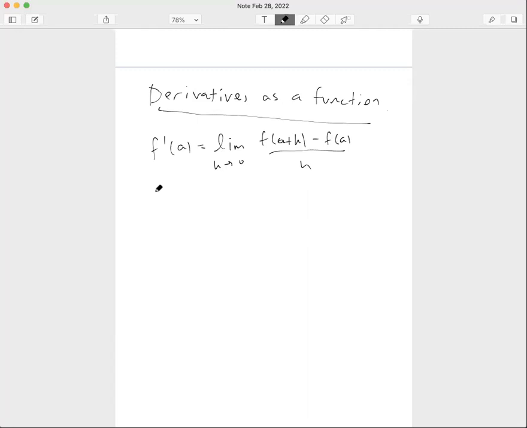So what we'll call f prime of x is a function where when you plug in a value for x, you output the derivative at that point.